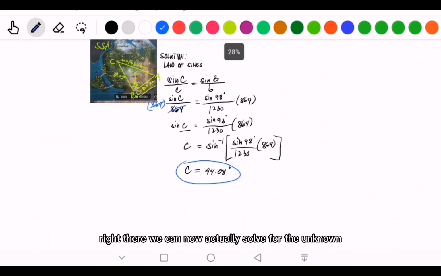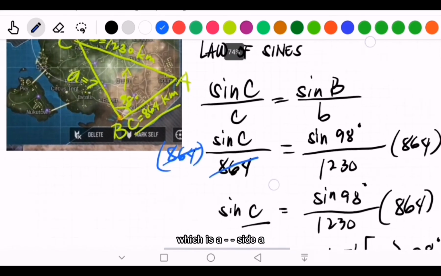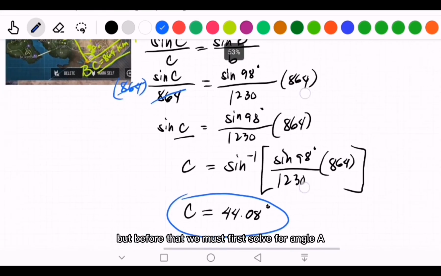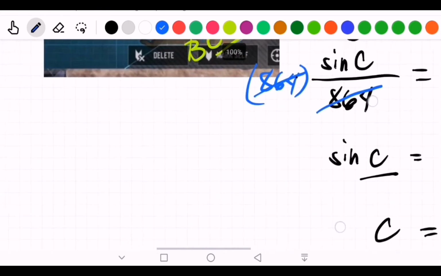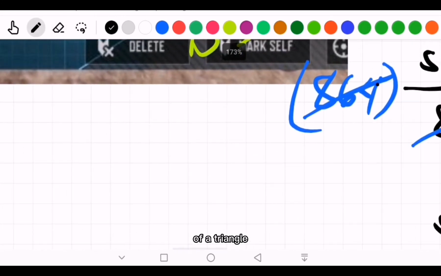Okay, so right there, we can now actually solve for the unknown, which is side A. But before that, we must first solve for angle A. As we know, the sum of the interior angles of a triangle is 180 degrees.